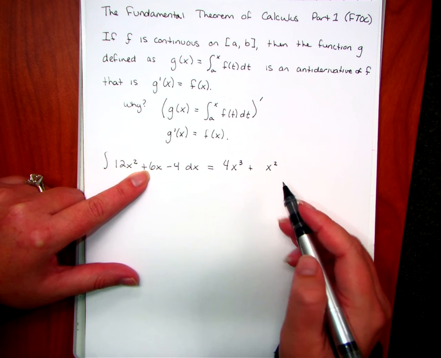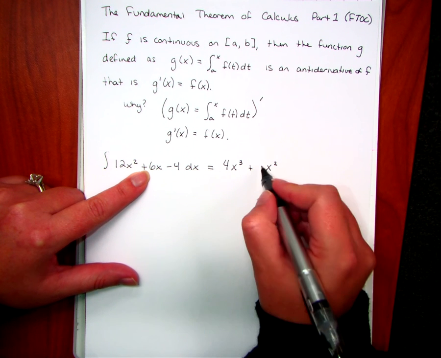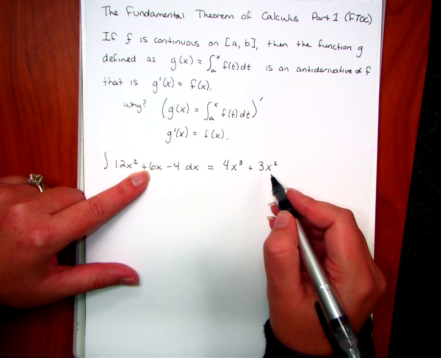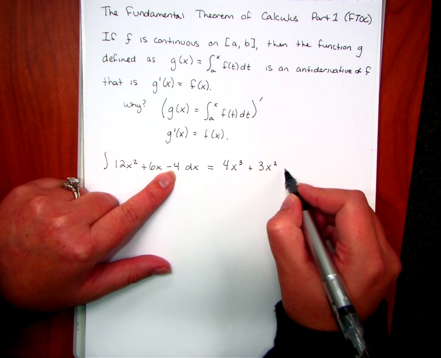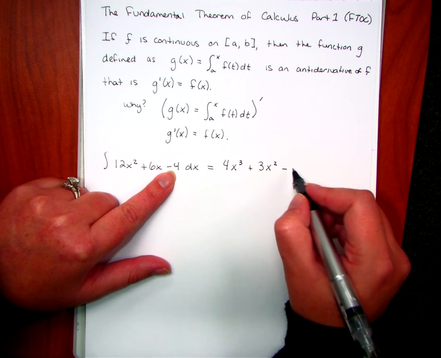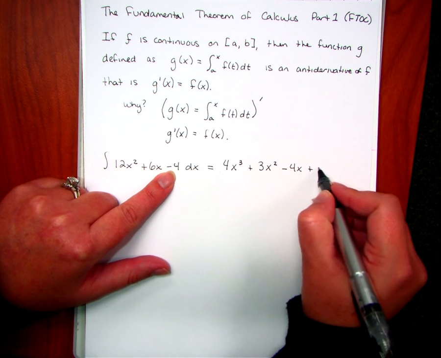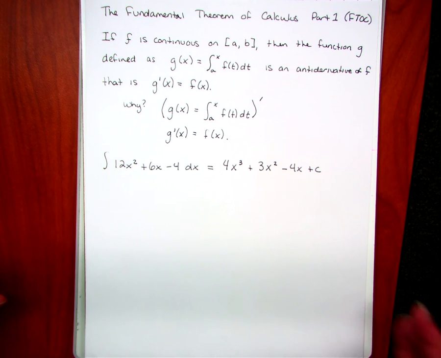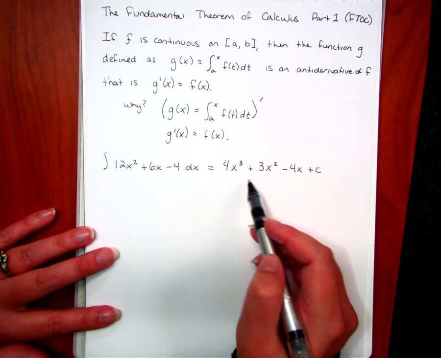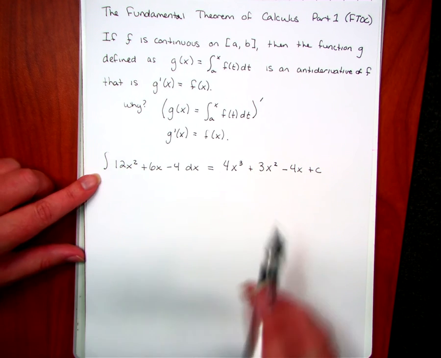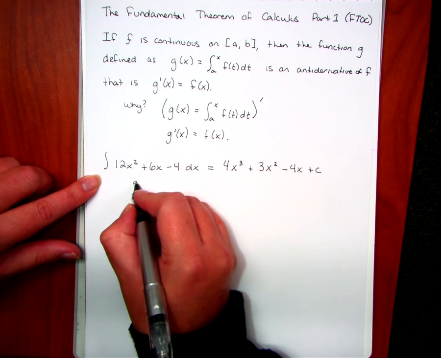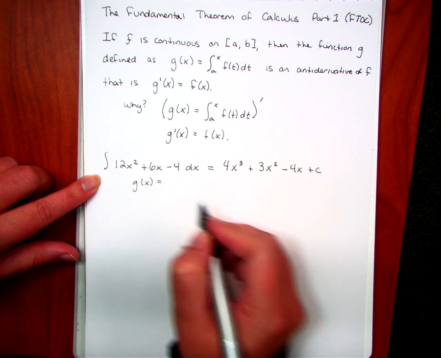Okay, so x squared, but I need to add a 3 there in order to get 6x. And the antiderivative of negative 4 is minus 4x plus c. Okay, so this is g of x, the antiderivative.